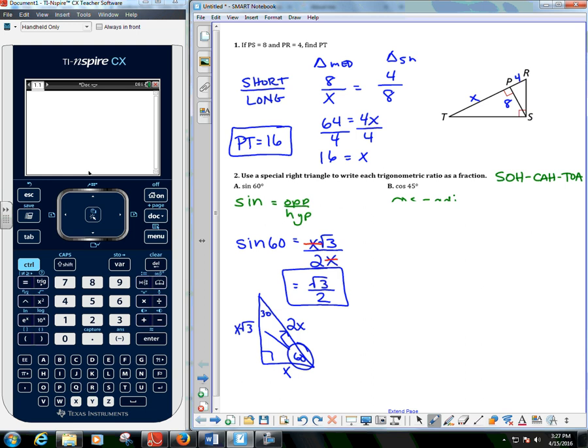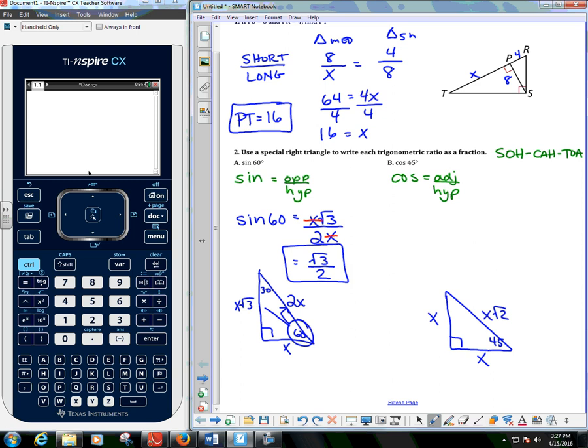So now I have to figure it out for cosine of 45 degrees. And remember, we can only do this for a right triangle, so I know that this triangle is a 45, 45, 90 triangle. If I know that each of the legs is x, I also know that the hypotenuse is x times the square root of 2. I'm going to remind myself that cosine equals the adjacent over the hypotenuse.